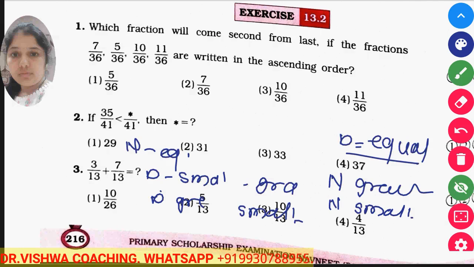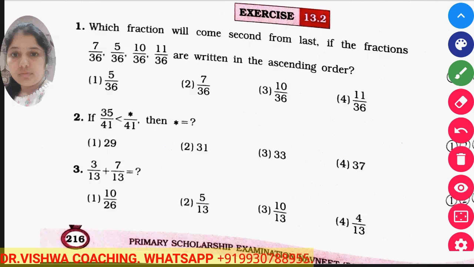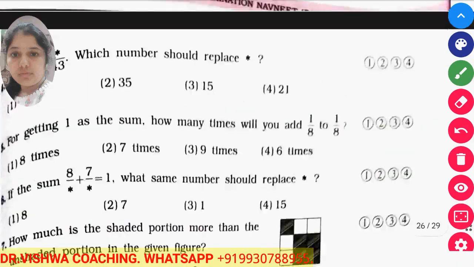Okay, just keep this in mind. You can arrange fractions in ascending or descending order. You can subtract one fraction from another fraction, because you know which one is the greater one and which one is the smaller one. Okay, so this is a very simple topic which we learned today. Next topic we will take in the next class.